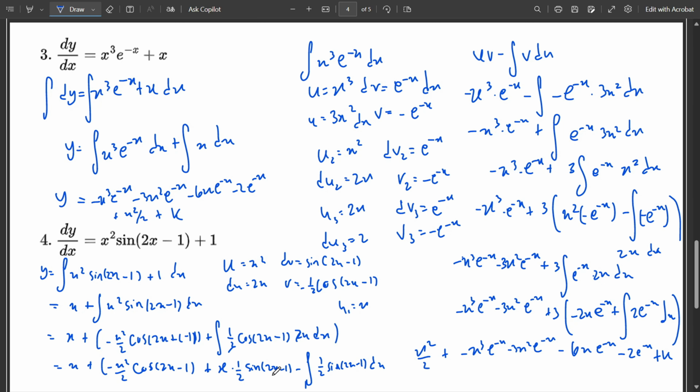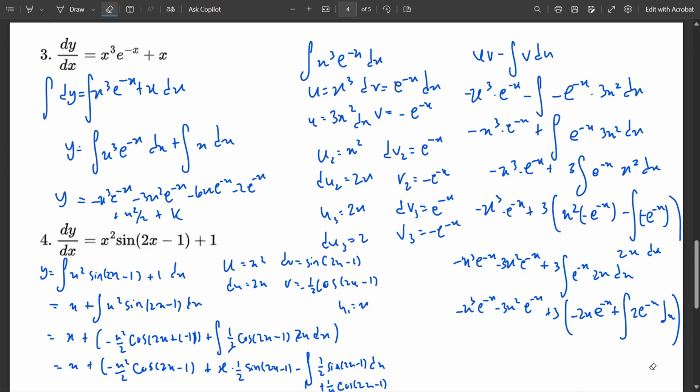So we have plus a half. A half times a half is 1 over 4. 1 over 4 cosine of 2x minus 1. And we have, okay, so let me write, this is the previous question's answer.